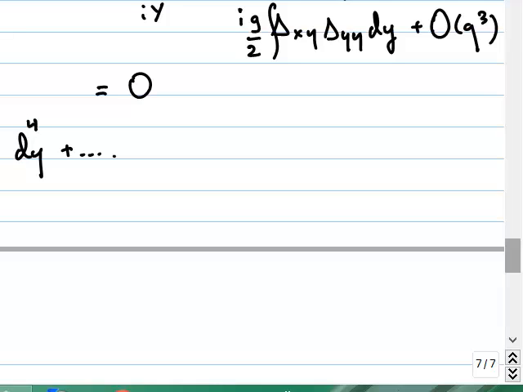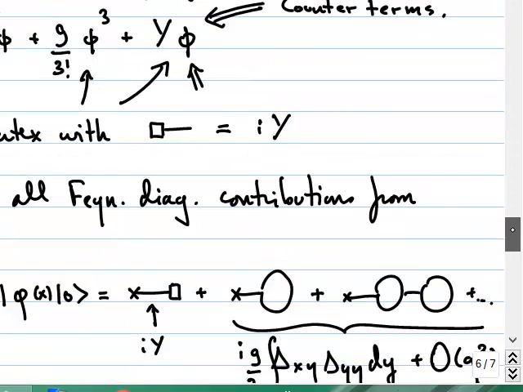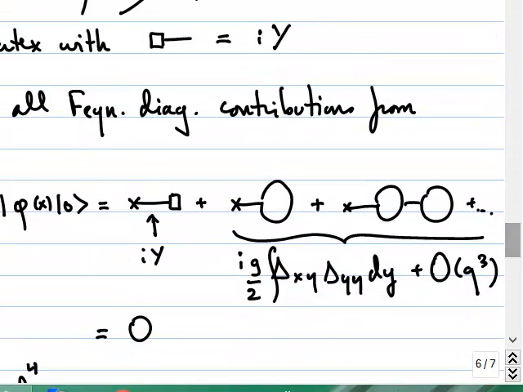Yes? I didn't understand why the addition of y doesn't change our system. Well, the basic point is that this gets to a kind of subtle question. If you did not include y, then the 1-point function of phi would be non-zero.